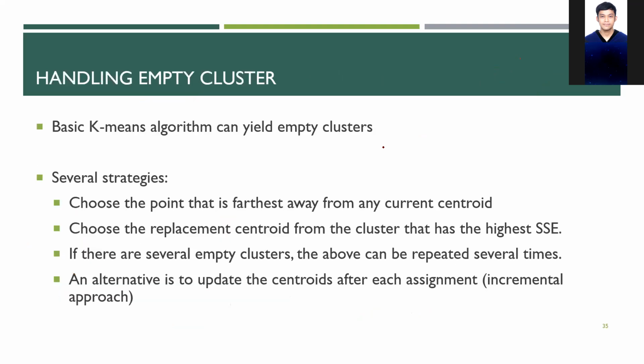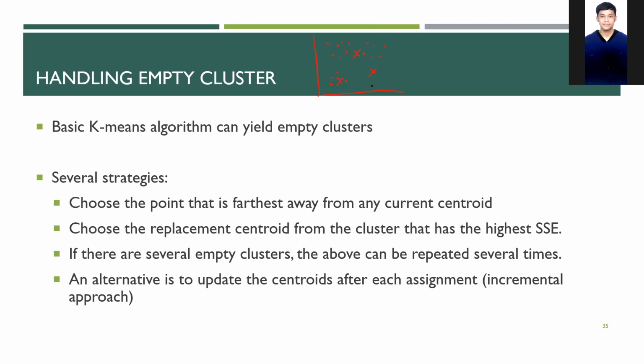Another problem: what if our cluster is empty? Why is a cluster empty? For example, we have data points, and then we have the first centroid, the second centroid, and the third centroid.